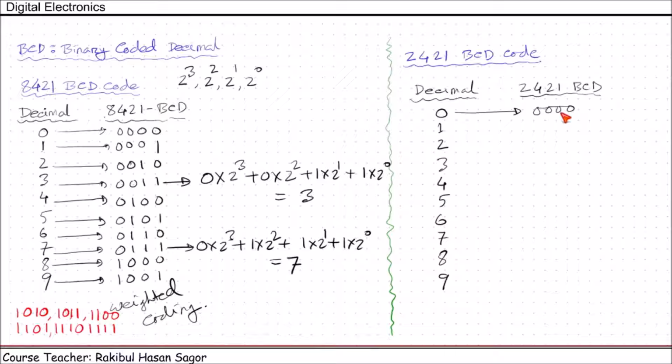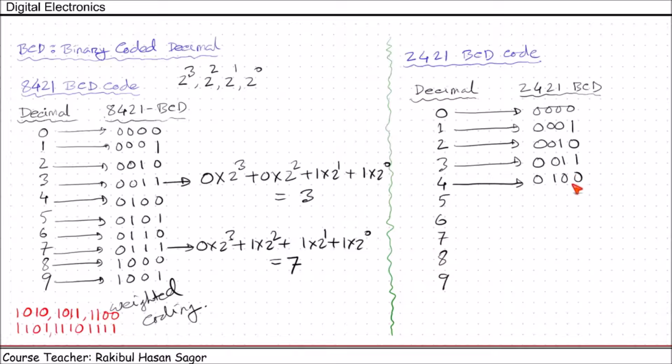This is the BCD code in the 2421 system. 1 is represented by 0001. 2 is represented by 0010. 3 is represented by 0011. 4 is represented by 0100. Up to this much, the coding is the same as the 8421 system.